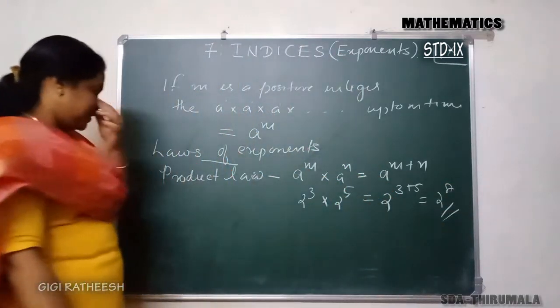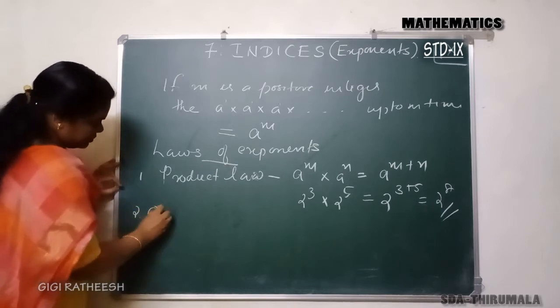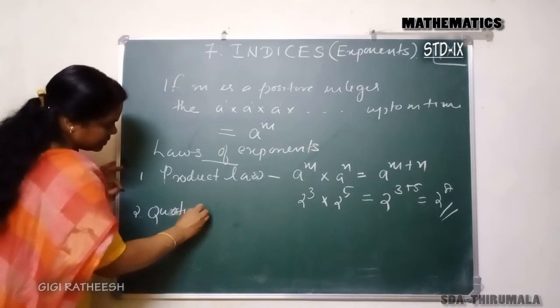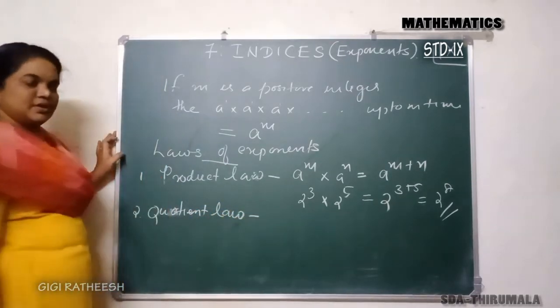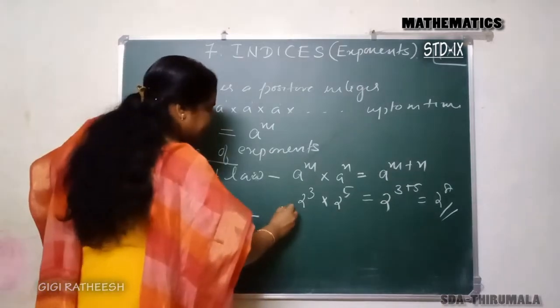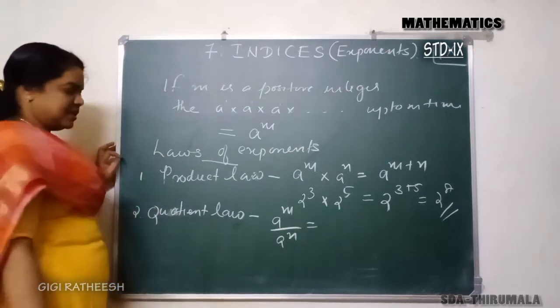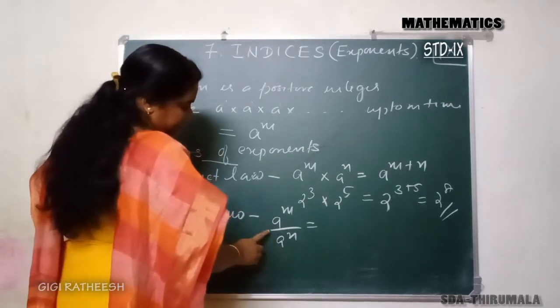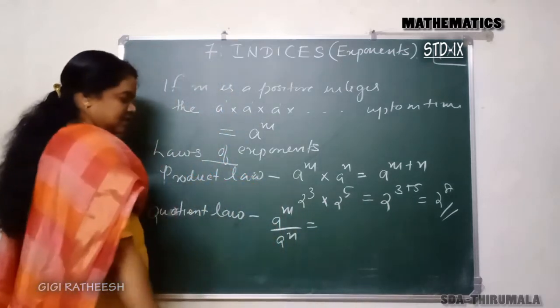The second law is the quotient law. What is the quotient law? a raised to m by a raised to n, numerator by denominator, with the same base.